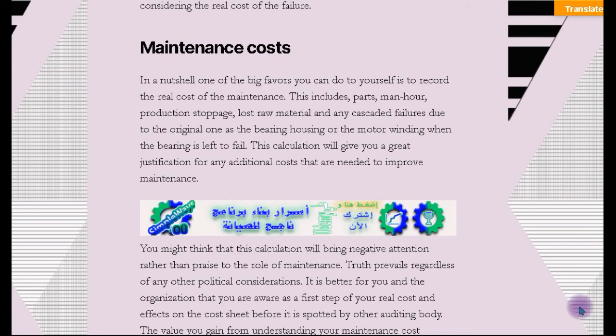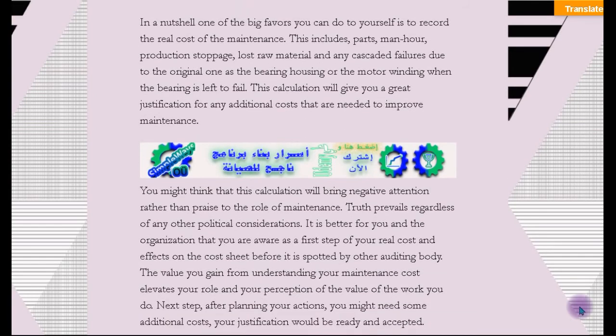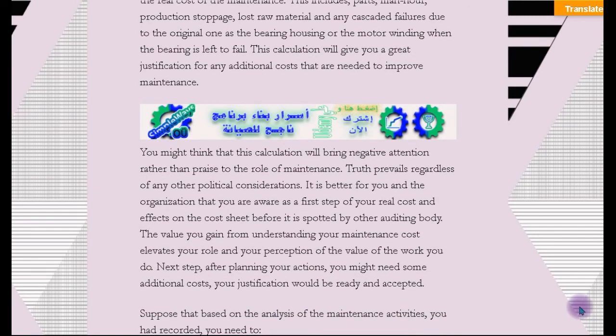So actually the cost of any spare part, especially if you are working in heavy industry, is small relative to the cost of the production stoppage and the cost of the raw material loss or rework. Okay, but you may say that focusing on the total cost will bring some negative attention to the maintenance work, and everyone will be looking at maintenance as costing the company too much.